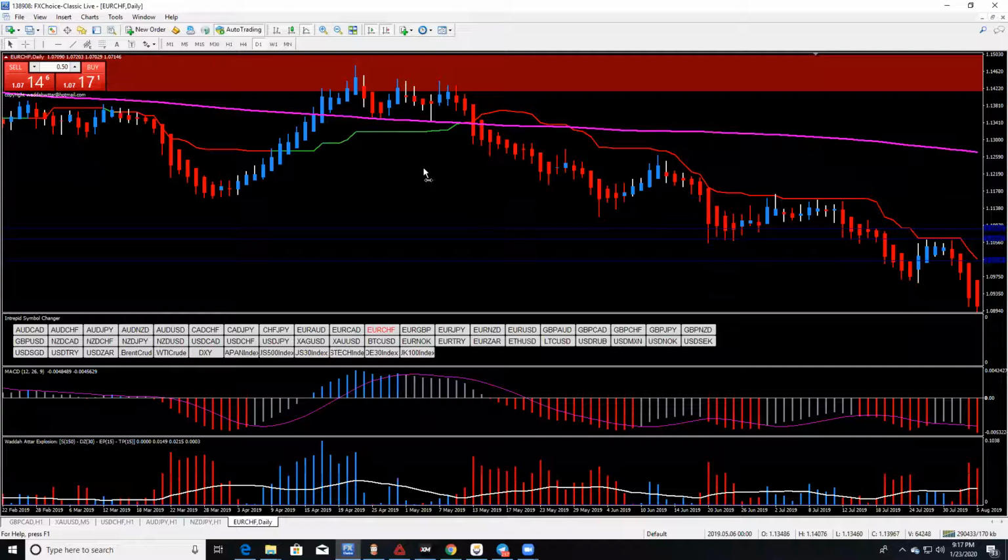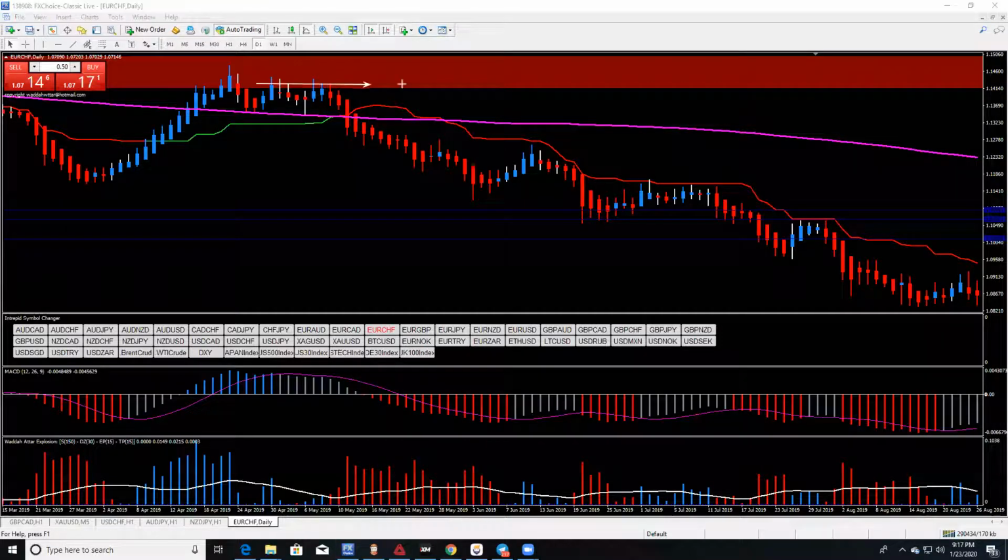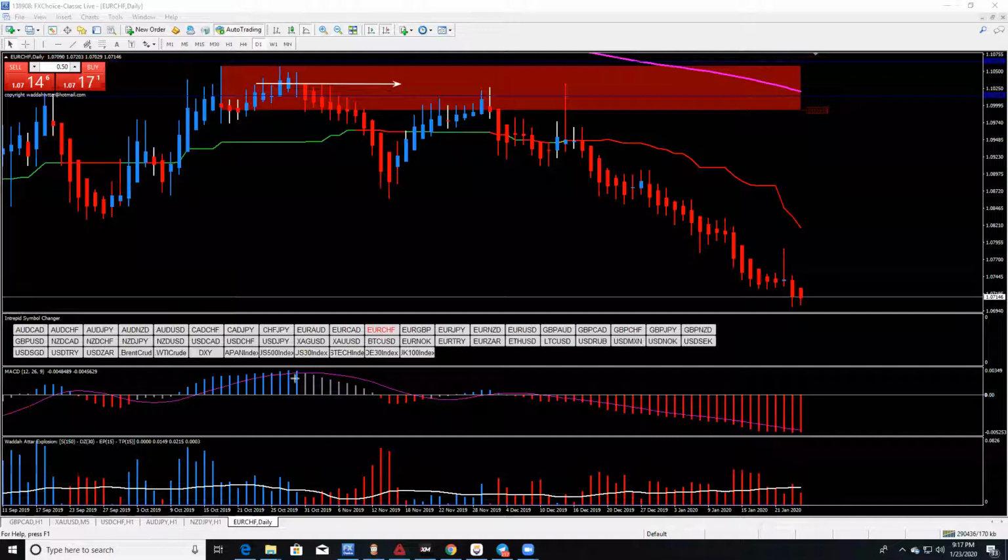Watch this. It's in supply. It's in the zone, and it's coming down. And there's the volume. On SK5, we used to have the RMM. I don't use that anymore. I just use this volume indicator.